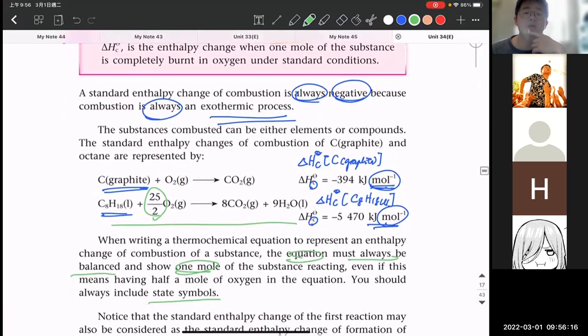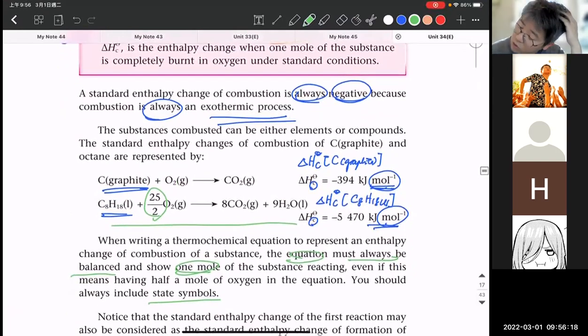But somebody may also argue, Mr. Chin, can we also say this equation is delta H of formation of carbon dioxide? Can we also say so?